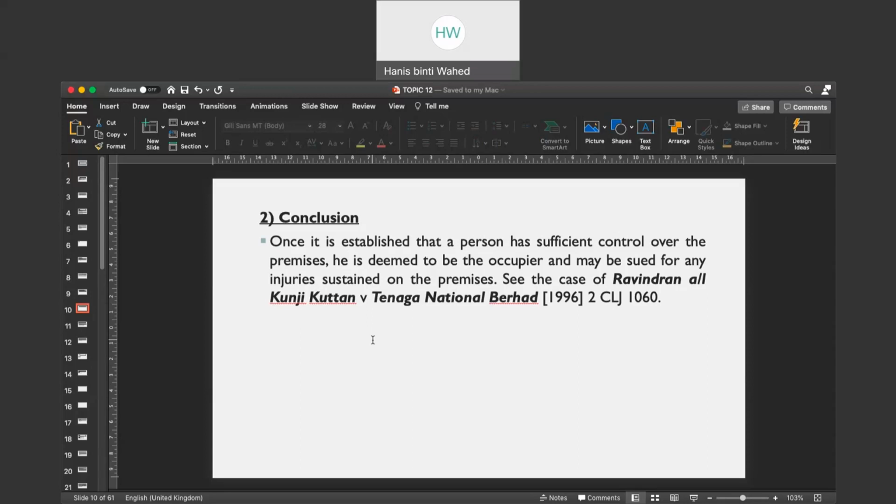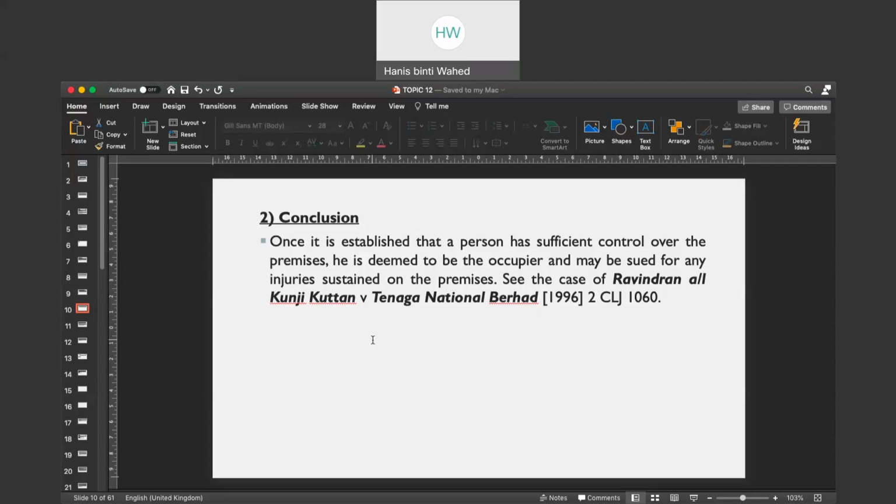So it seems that the important thing to look at is the occupation, who's the occupier, and then the possession and or control, not the ownership. The ownership is not an important matter to decide whether a person or an individual is an occupier or not.